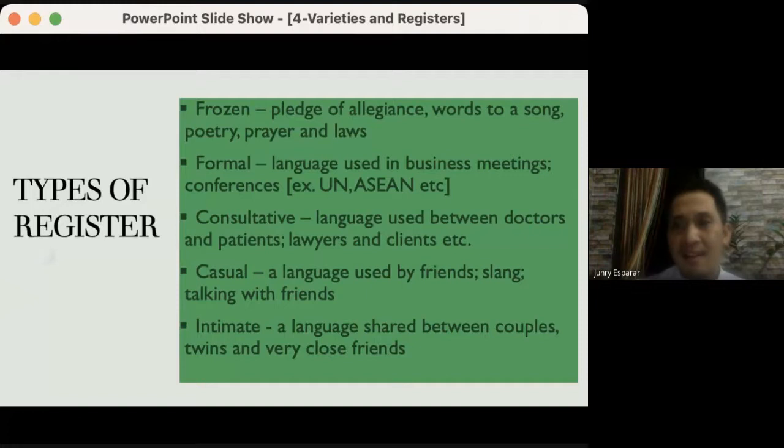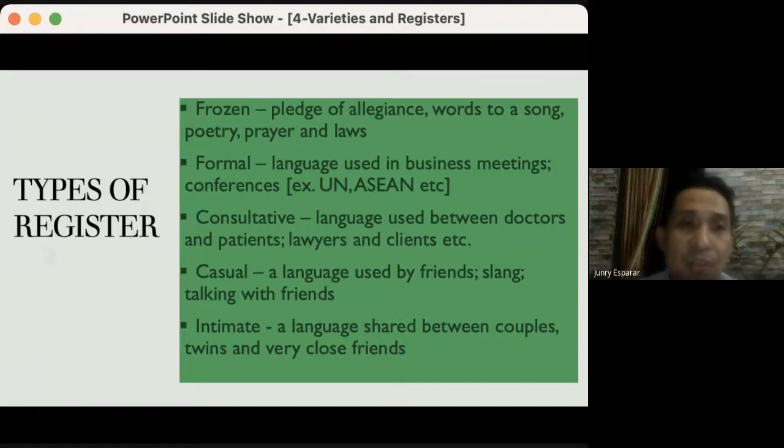You would observe the kind of register they are using, and that register is called formal register. The same register is observed when attending the UN, or the kind of register used when conducting a meeting or conference at the UN or at ASEAN gatherings.